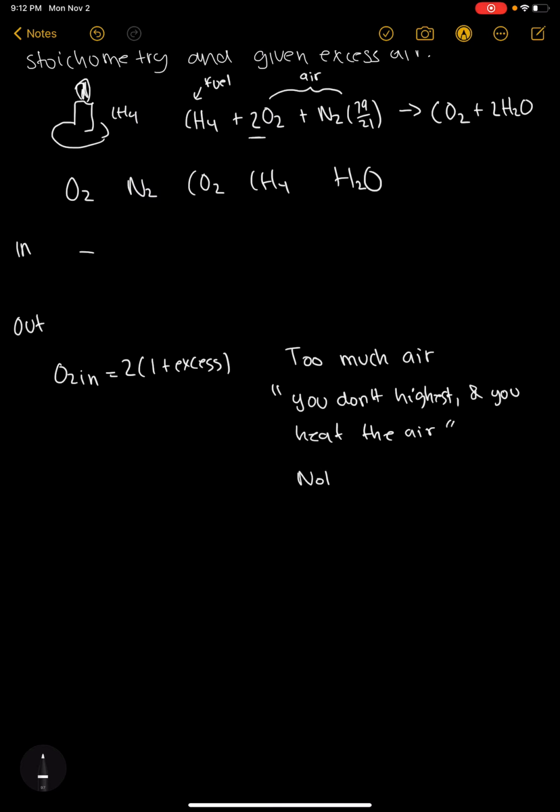And not enough air, it doesn't combust, and I think you end up just heating the CH4, which can create carbon monoxide. It doesn't combust.